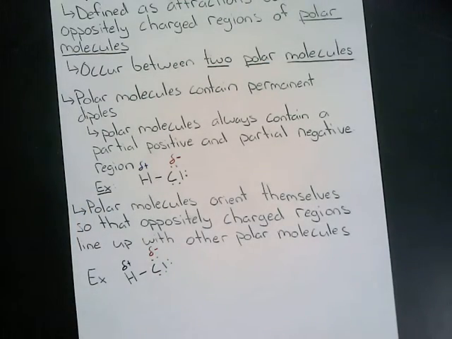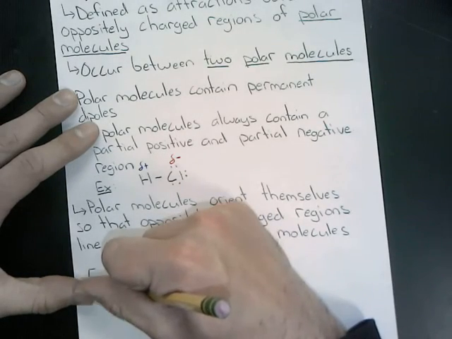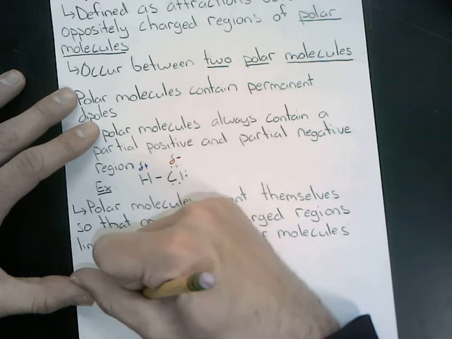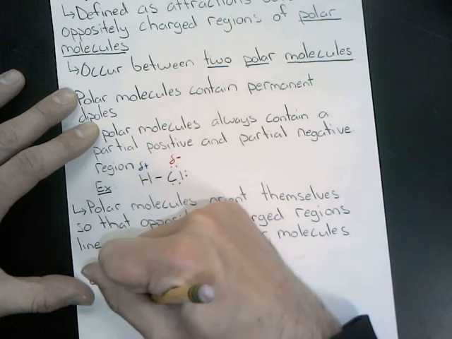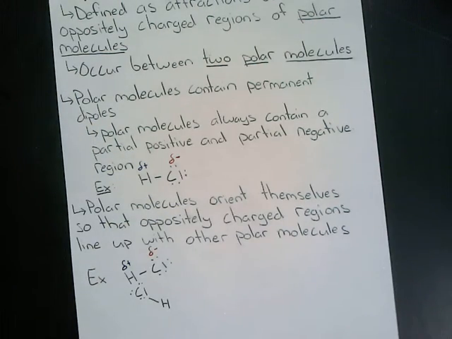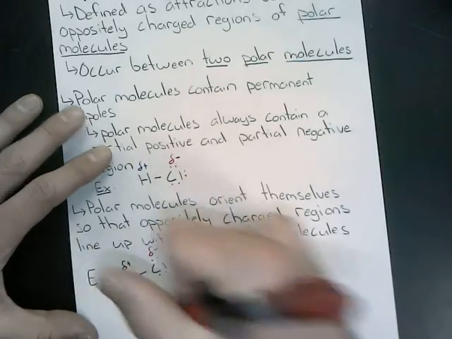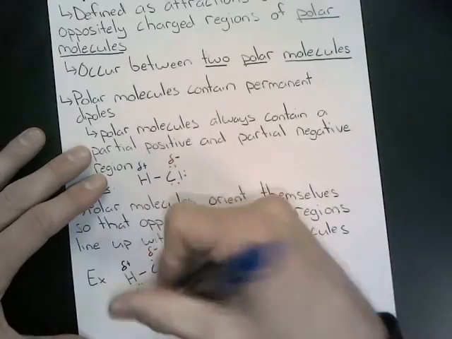So if we had many molecules, which is normally the case, normally you can't isolate one molecule by itself, the Cl from another HCl would orientate itself towards the H. And so what would happen is you have this natural attraction between the oppositely charged regions here.